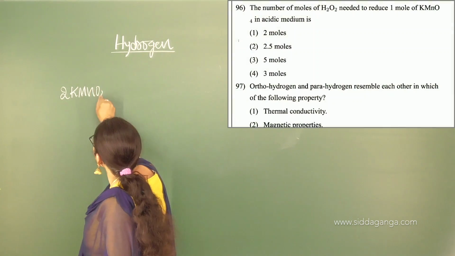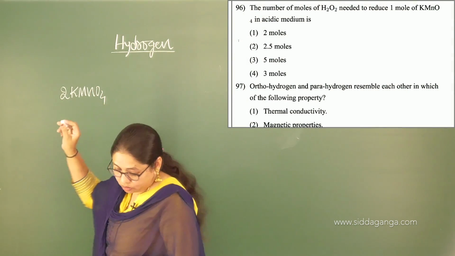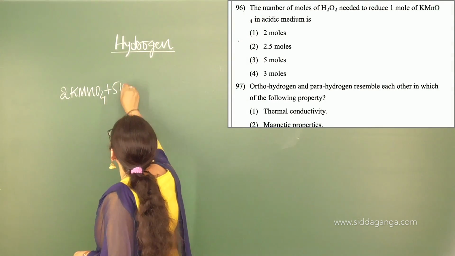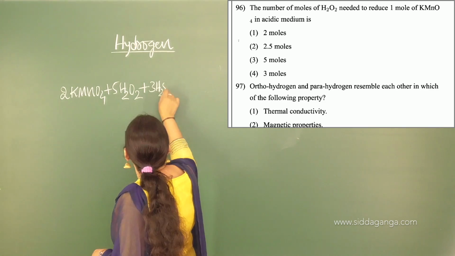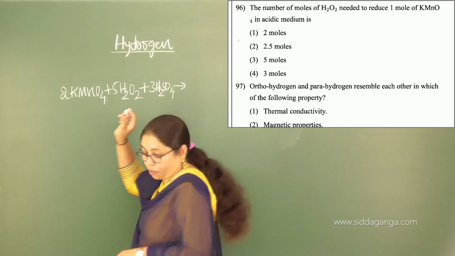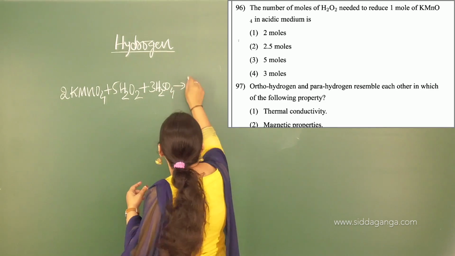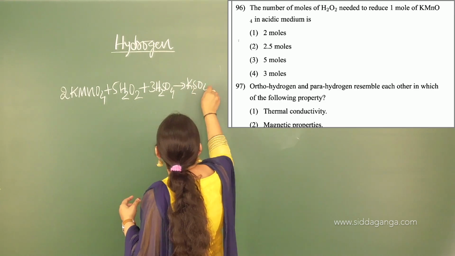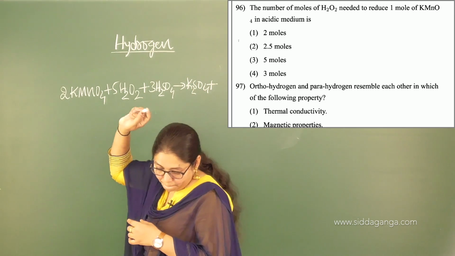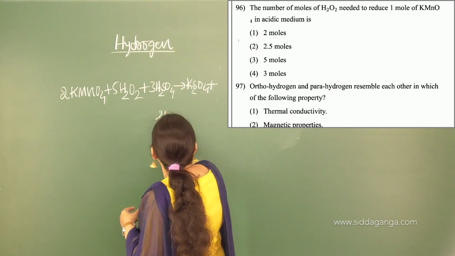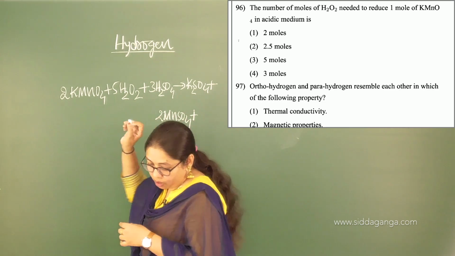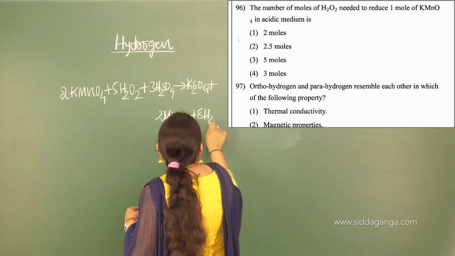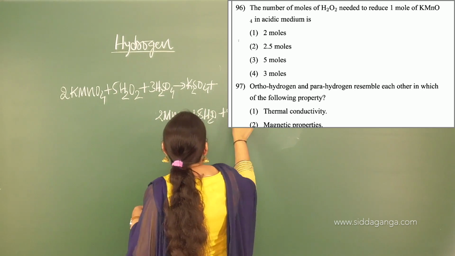KMnO4, that is potassium permanganate, on reaction with hydrogen peroxide in acidic medium, meaning sulfuric acid, is reduced to K2SO4 plus MnSO4 plus 8 moles of water and 5 moles of oxygen.